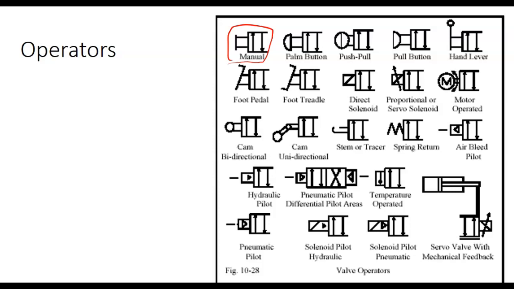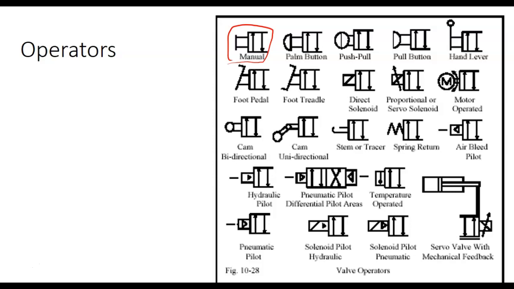Foot pedal, we don't have any of those, but this is real good. Direct solenoid, proportional or servo solenoid. This you could actually control the spool. Motor operated, we don't have any of those. Cam operated, we don't have any of those. I never seen a stem. Spring return, we're definitely going to see these.